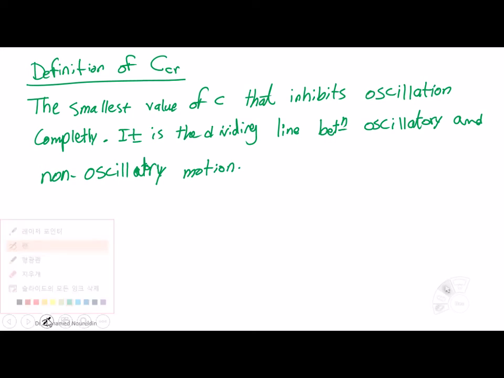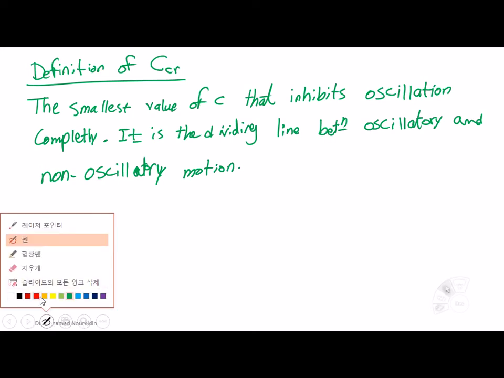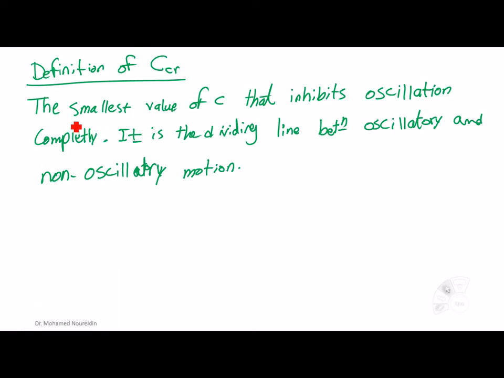What is the meaning of this? Again, let's go and understand more about it. It's the smallest. This means that we're talking about the smallest possible value of the damping coefficient that inhibits, that prevents oscillation. So our system is not going to oscillate completely.